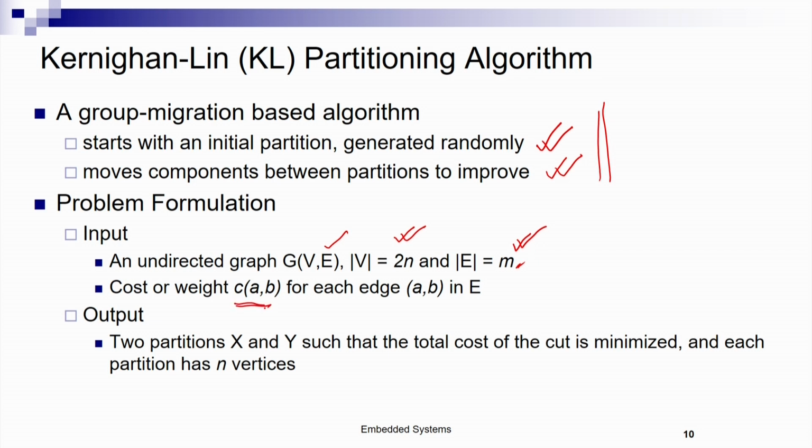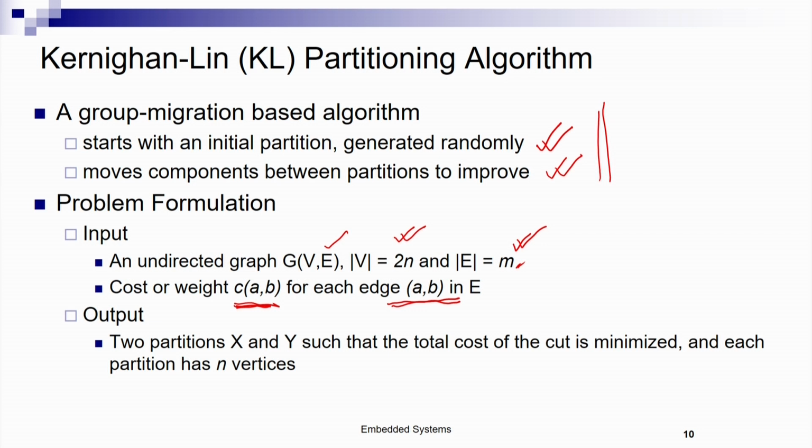We have a cost or weight of an edge, which indicates the total cost of data transfer between hardware and software. For each edge AB in E, we have a cost of the data transfer C_AB, and we want to minimize the amount of data transferred between hardware and software.